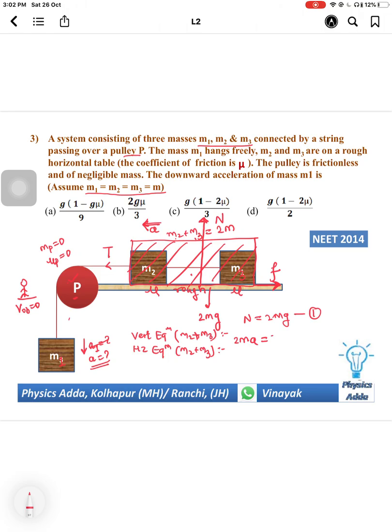So this will be force in direction of motion, that is T, minus the force which is opposing the motion, that is frictional force F. We know that T minus F is what? Mu into N, right? What is the value of N? That is 2 mg. So final equation will be what? 2ma is equal to T minus twice mu into M into G. So this is equation number 2.